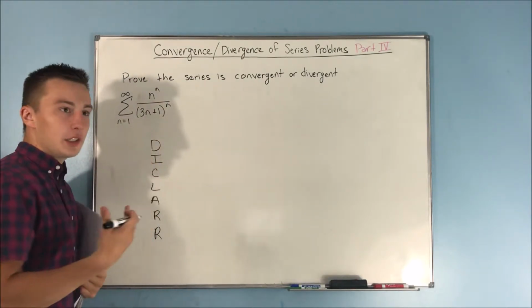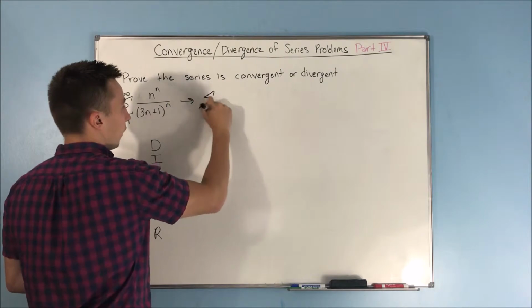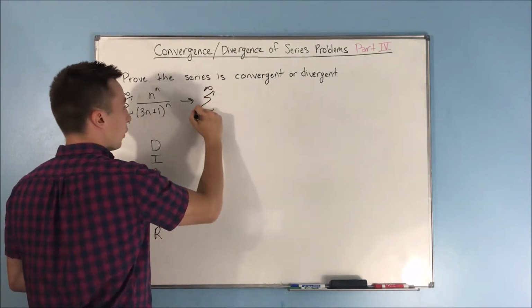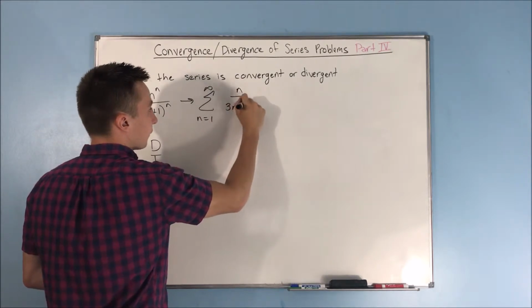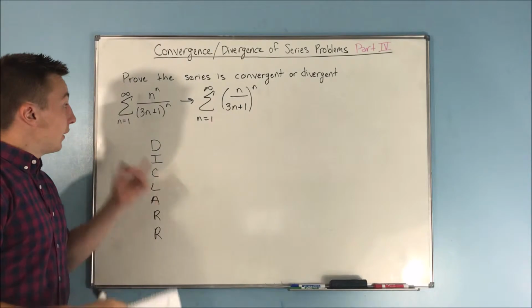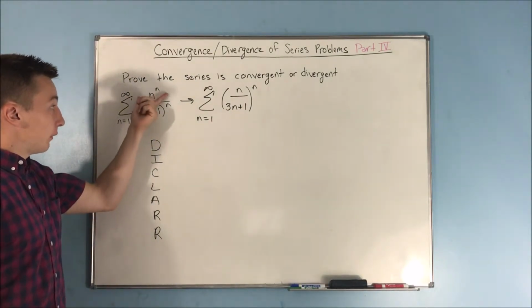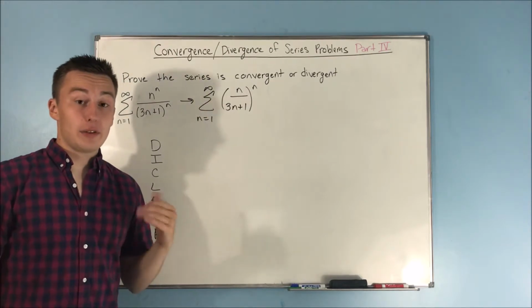A little easier way to see that is if I rewrite this series as the sum from n equals 1 to infinity of n over 3n plus 1, to the nth power. I can do that because the numerator and the denominator are both being raised to the nth power.